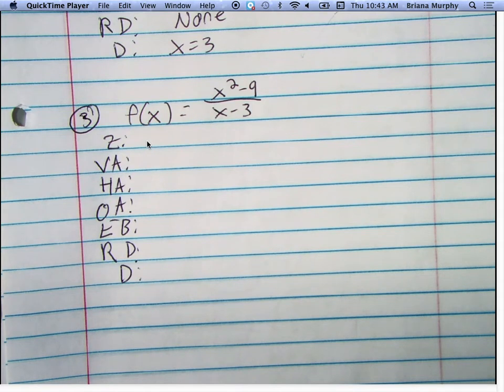Removable. Remember there's those three cases of horizontal asymptotes. So, let's see.